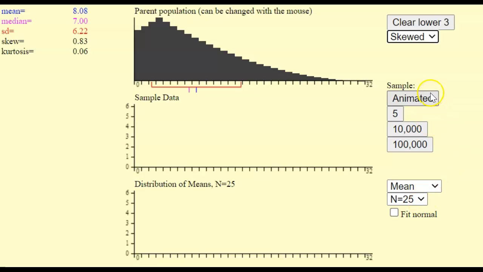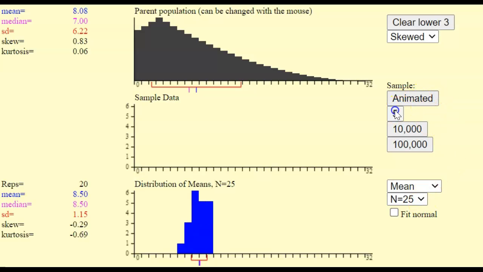But look, now let's do a sample of 25. Watch this. Remember how it was skewed? Big time. Look, that's almost no skew at all.